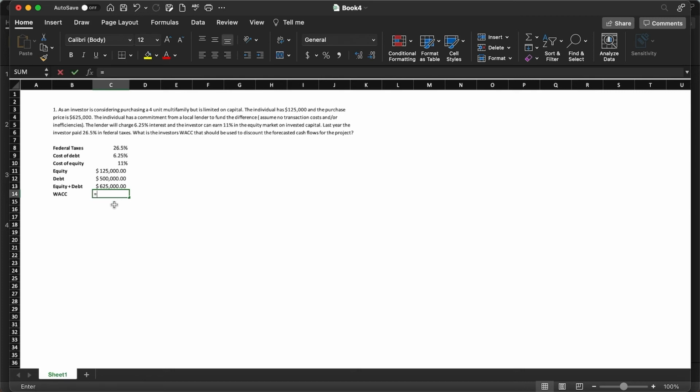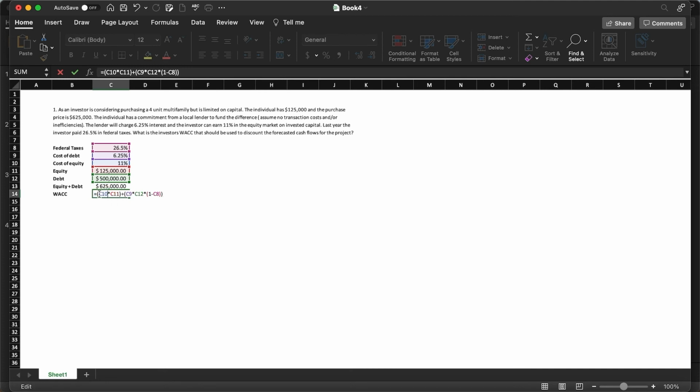So we have the cost of equity times the amount of equity, plus the cost of debt times the amount of debt times 1 minus the corporate tax.